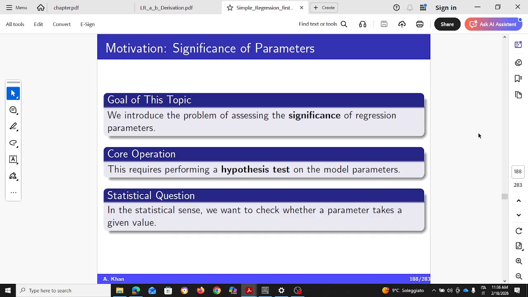Now, moving to hypothesis tests. Why we are doing hypothesis testing is to assess the significance of our regression parameters. How significant our estimated parameters are.